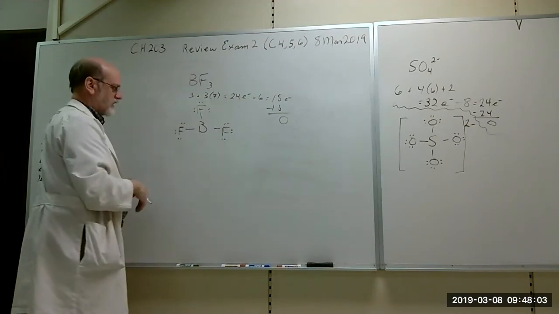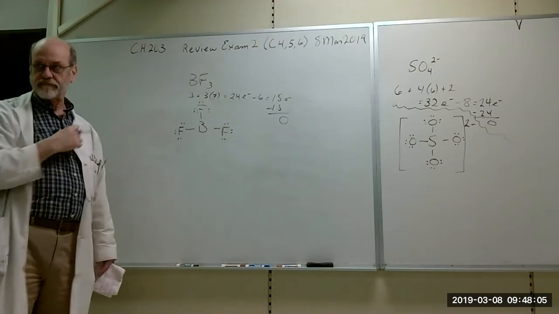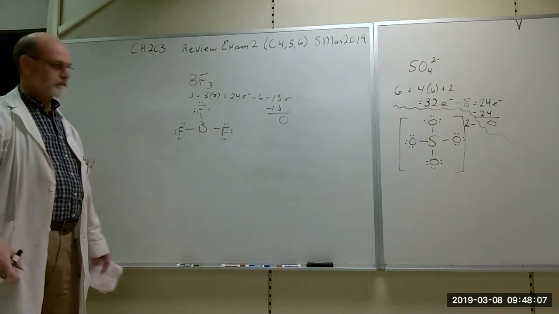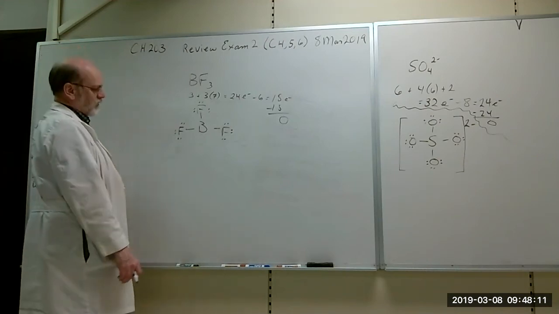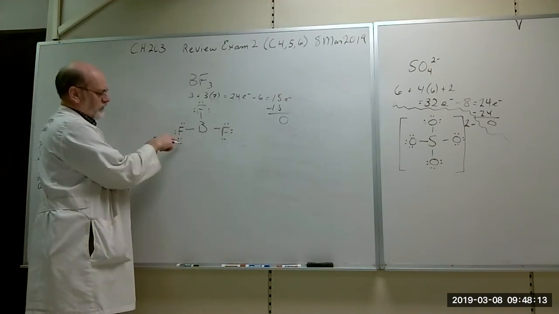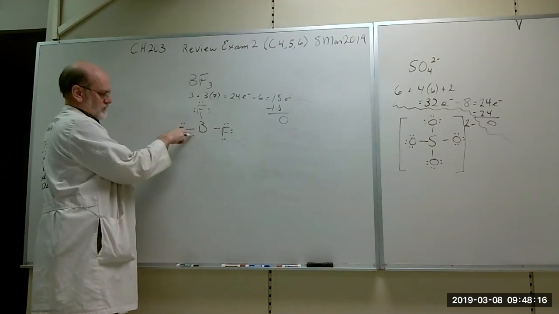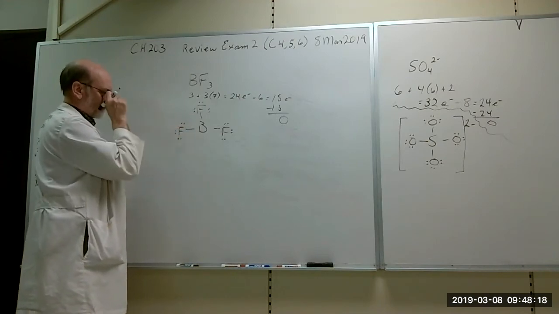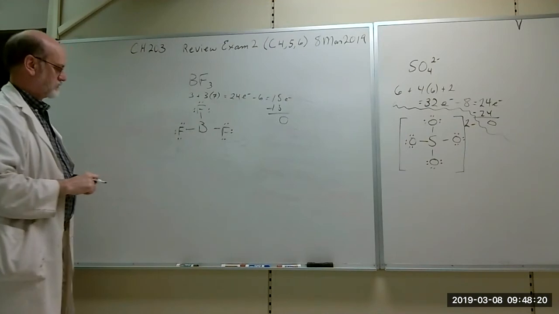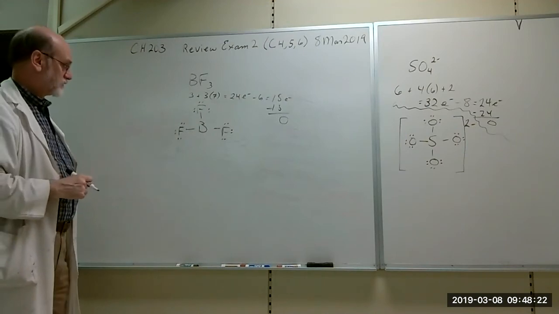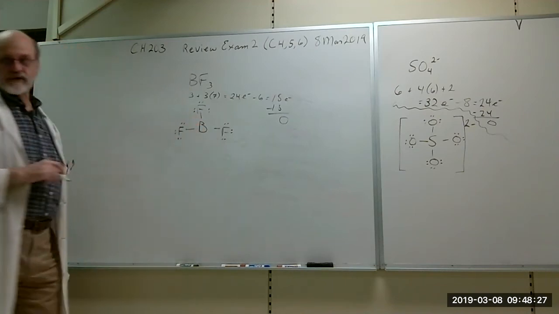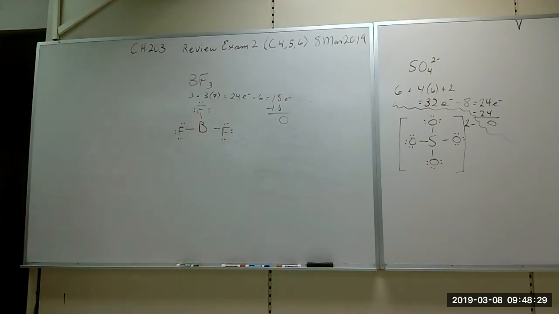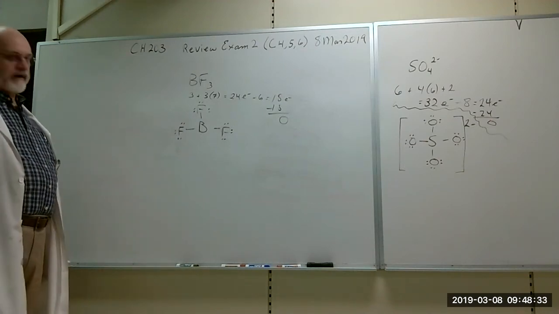All the fluorines have an octet, but boron doesn't. It's deficient. And I guess we could say, well, why doesn't one of the fluorines donate to a double bond with boron? I guess that's possible. But it's not true. How do I know that? I read it somewhere.